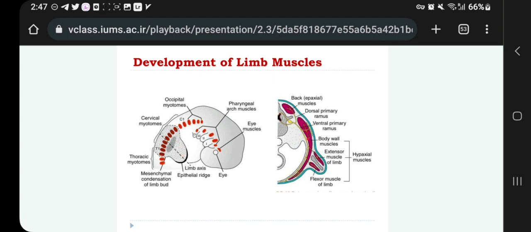Here you can see the muscle enter the limb bud, and at first split into 2 layers. In the anterior, a flexor, and in the posterior we have an extensor.